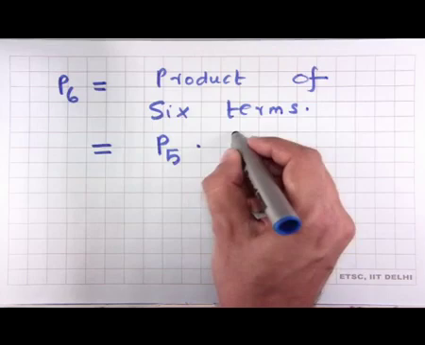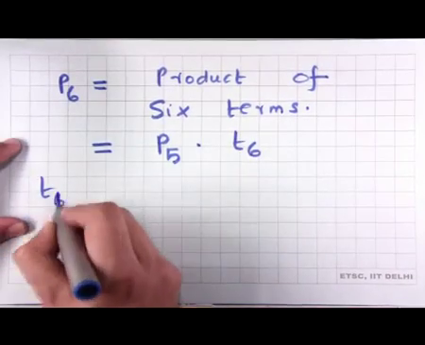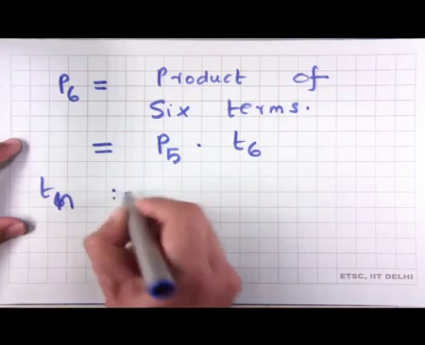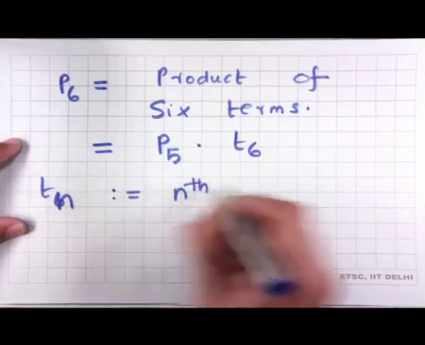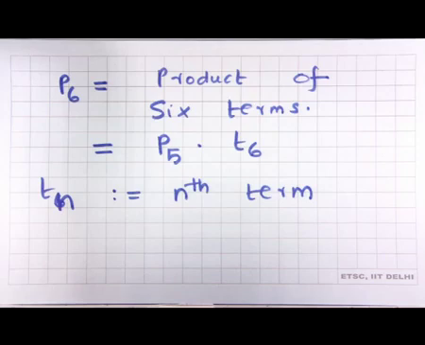Let me denote the 6th term as T6. Tn denotes the nth term. So, P6 is the product of the first 5 terms into T6. For brevity, we may say that Pn denotes the product of the first n terms.